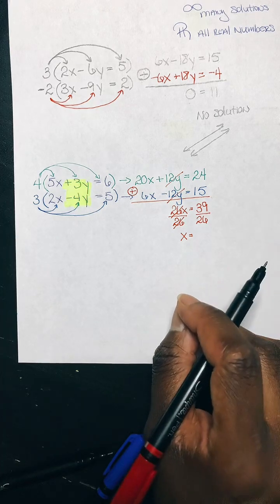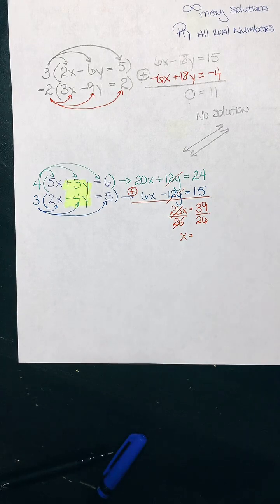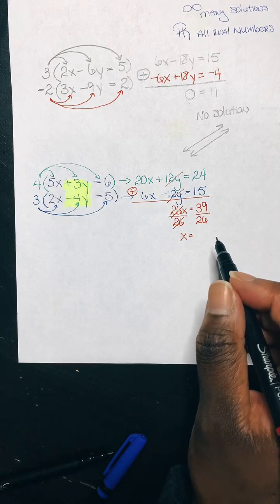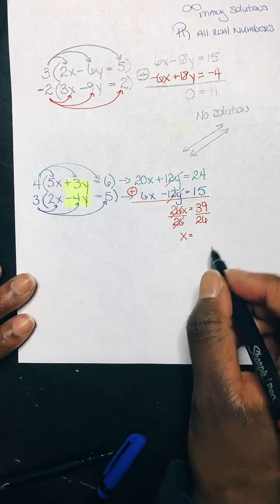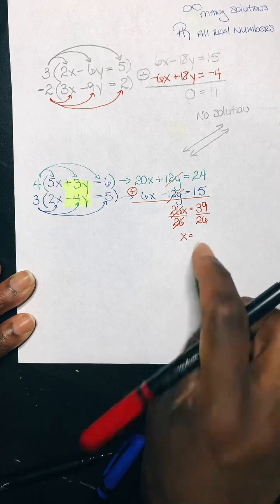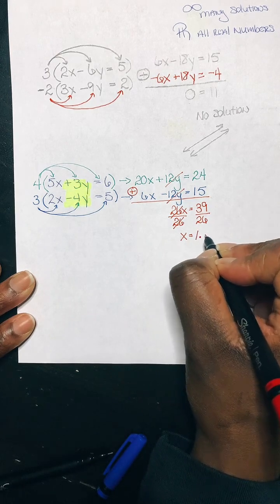Can we divide and get an even number with 39 over 26? We do get 1.5. We won't get a whole number, but we can get a decimal, and that's perfectly fine. So we got our 1.5.